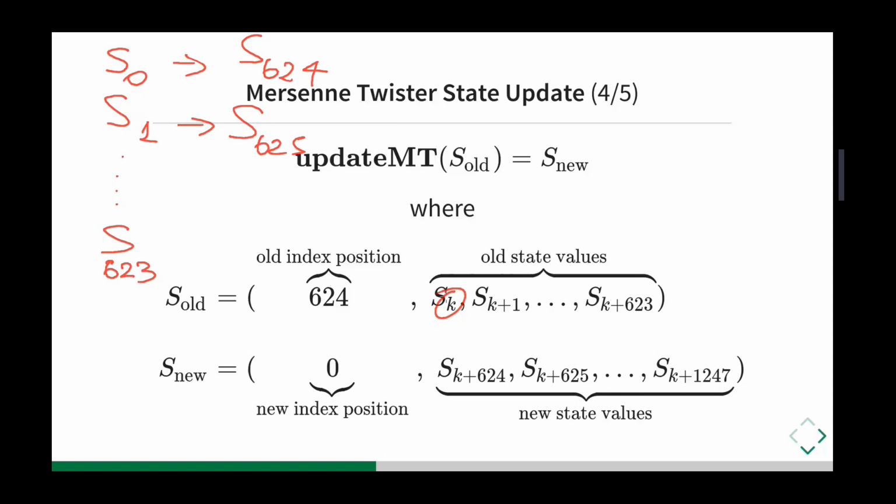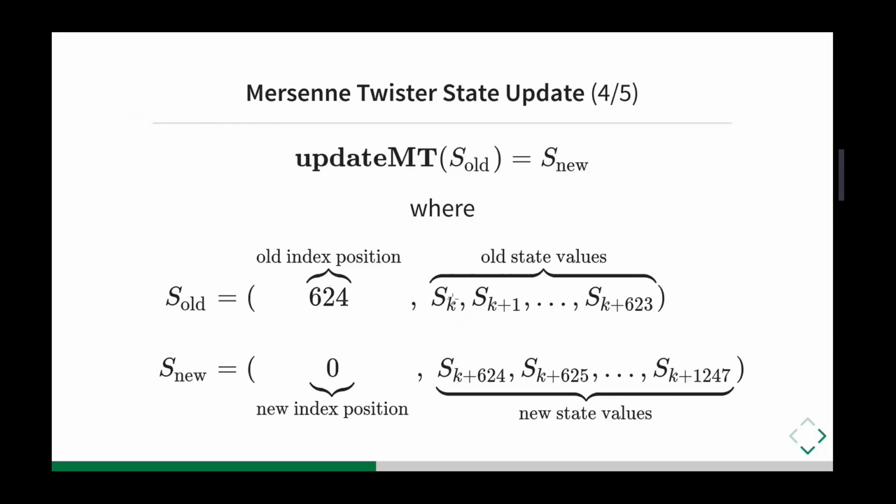Suppose that I start from a general S_k after k state values have been generated by the generator. Here I have a state made up of 624 values, which go from S_k to S_(k+623). Here I have my index position.